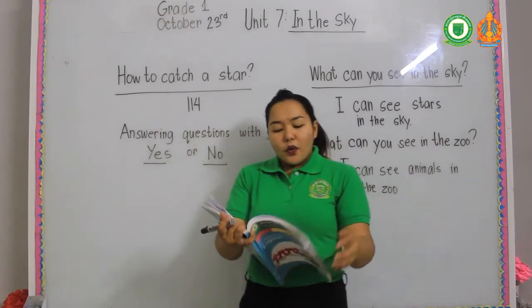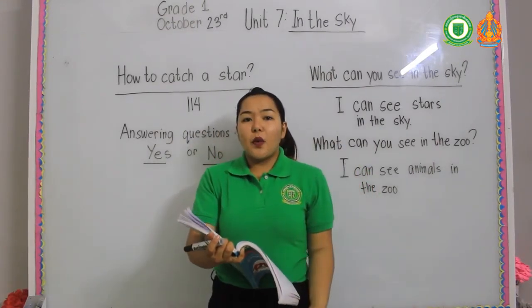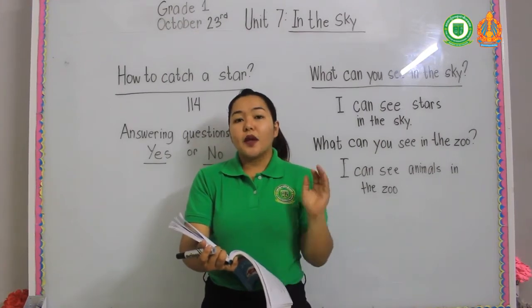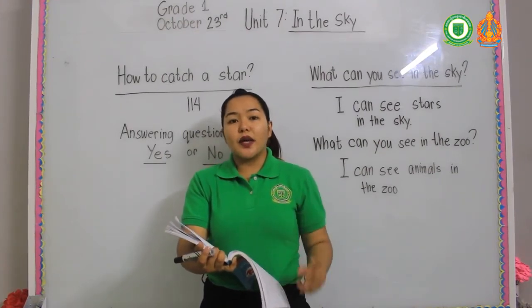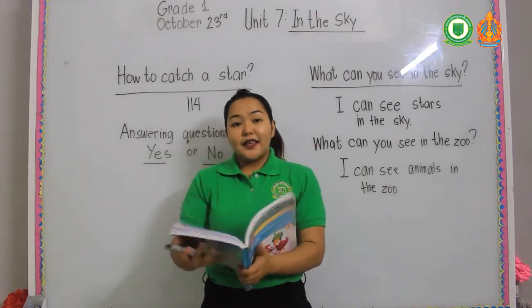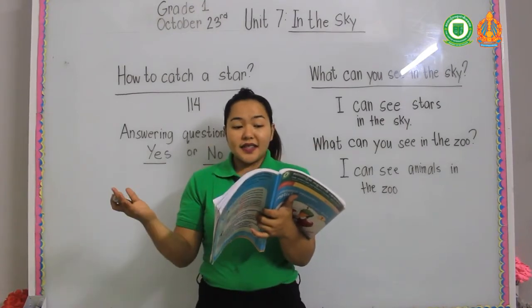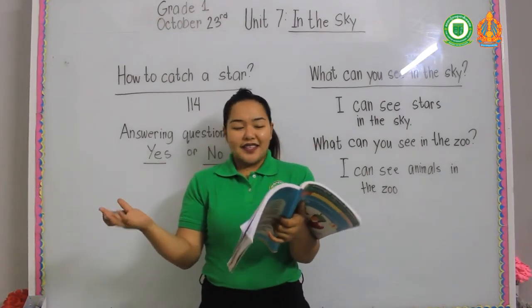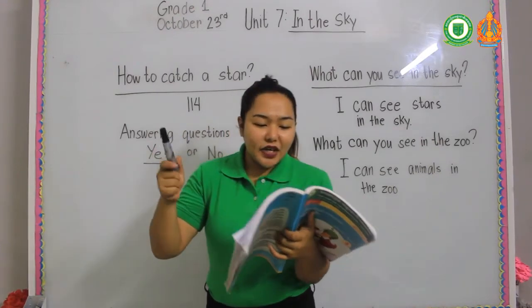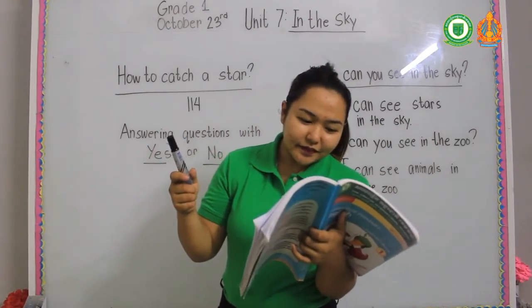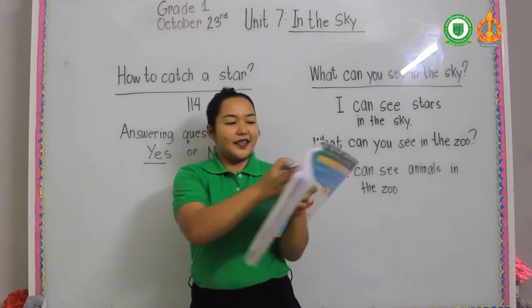Number 1: What did the boy want? The boy wants an apple? No. The answer is what?